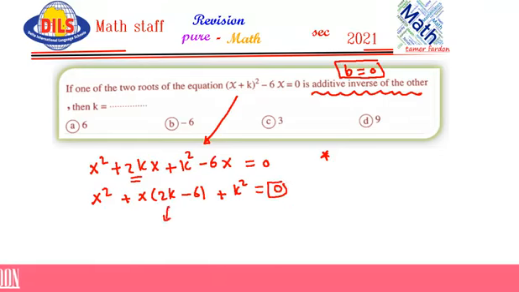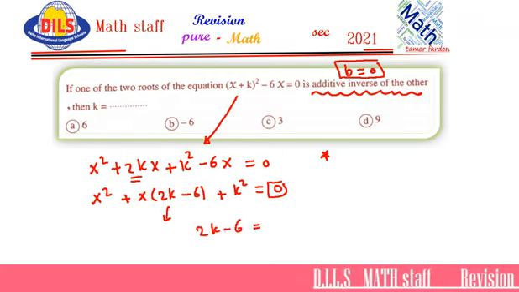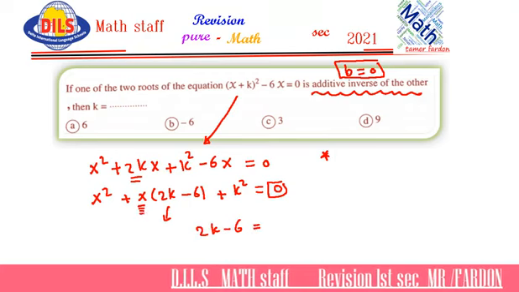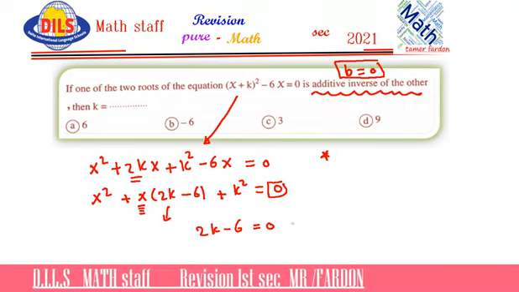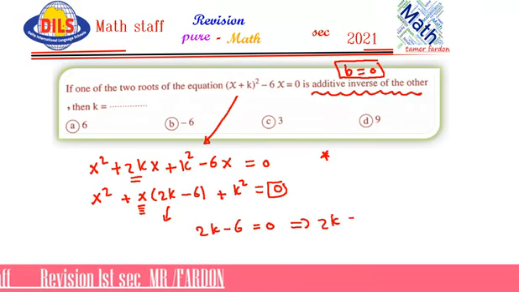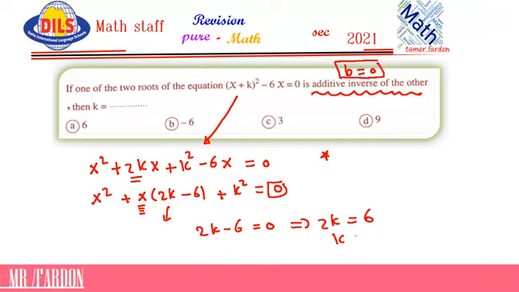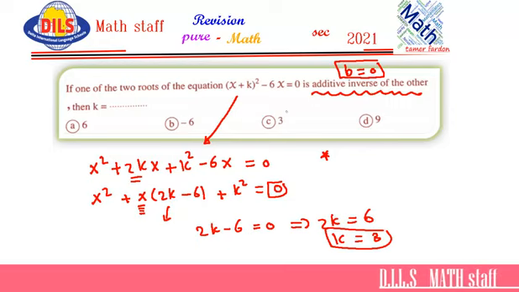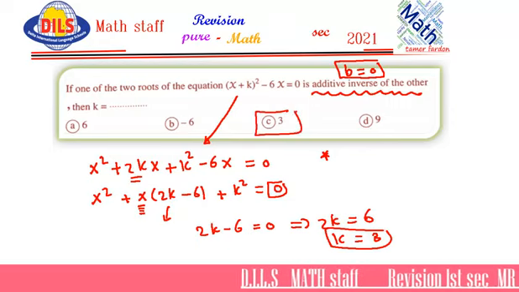Now we can say 2k minus 6, which is the coefficient of x, equals 0. So 2k equals 6 and k equals 3. So the correct answer is C.